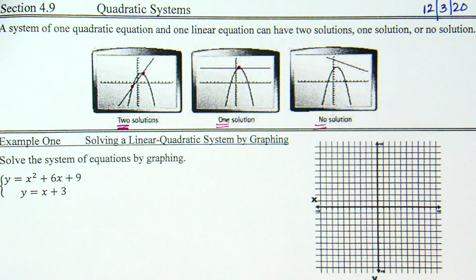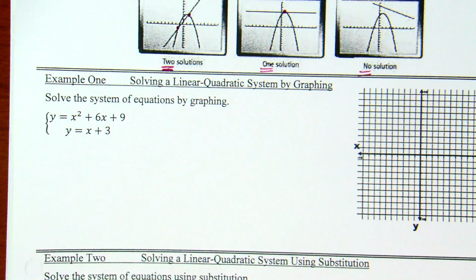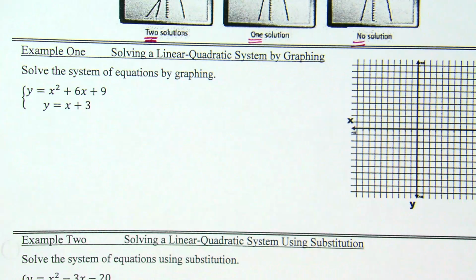Okay, so example 1 is solving using a graph. Solve the systems of equations by graphing, which means we're going to graph these two things, and then we're going to look for where they intersect, right? Okay, well, here's the toughie.